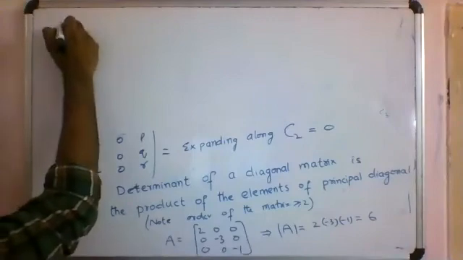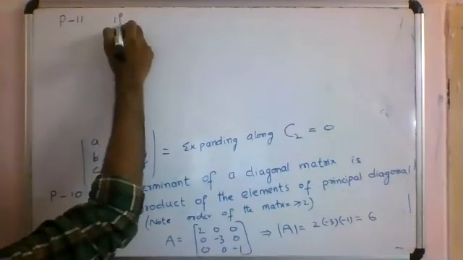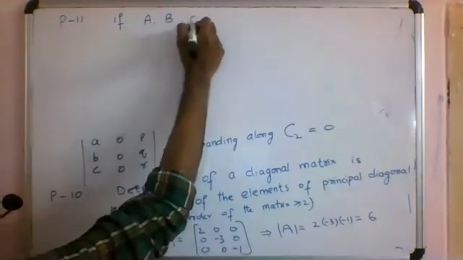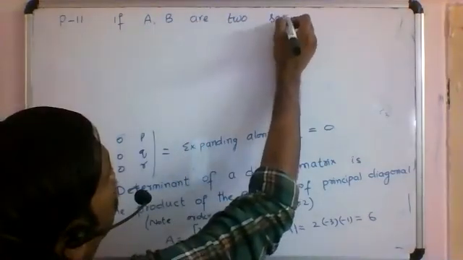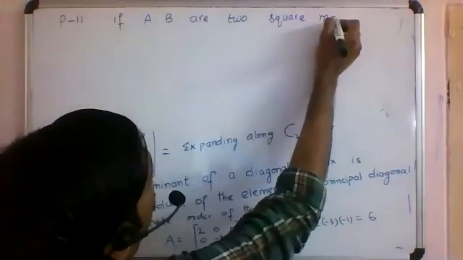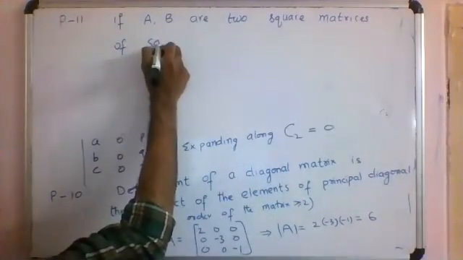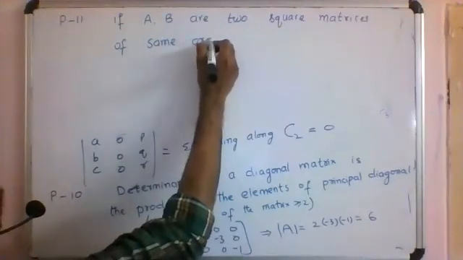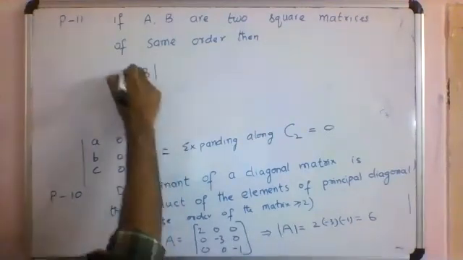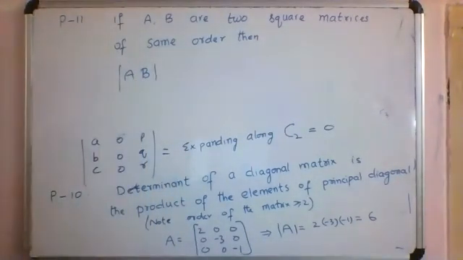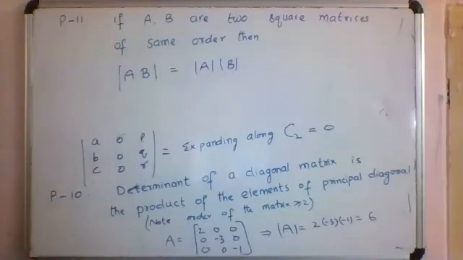Now, property 11 is: if A and B are two square matrices of the same order, then if you multiply A and B and find its determinant, or find the determinants individually and multiply, they are the same.